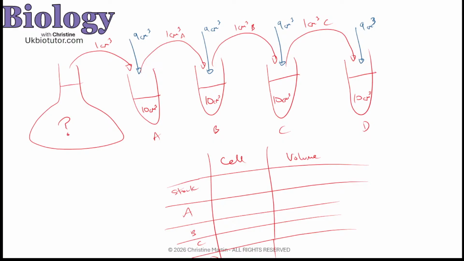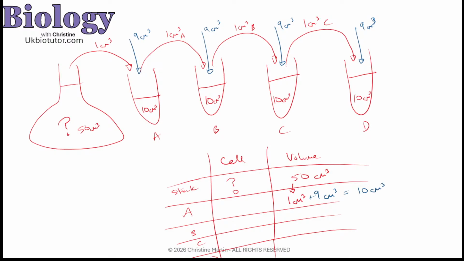Well, let's say the volume in my stock solution is 50 centimeters cubed, but I don't know how many cells I have in there. What have I done? Well, I have taken 1 centimeter cubed out of the 50, and I have added 9 centimeters cubed to equal my total, which is 10 centimeters cubed.